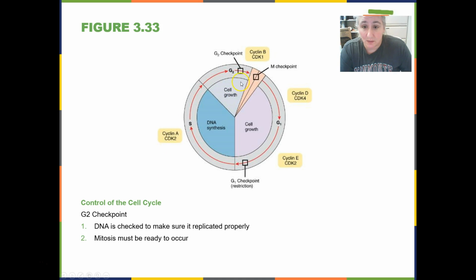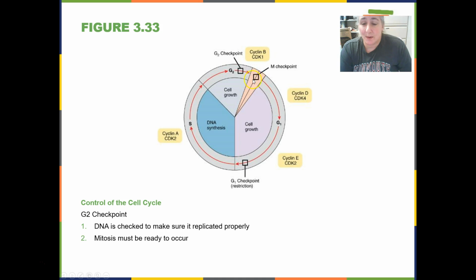In G2, we're going to check to make sure that we have all of the proteins for mitosis produced, but we're also going to make sure that the DNA that was synthesized looks correct. So we don't want any mutations to occur, because mutations can lead to diseases, cancers, and that's not good for our cells.